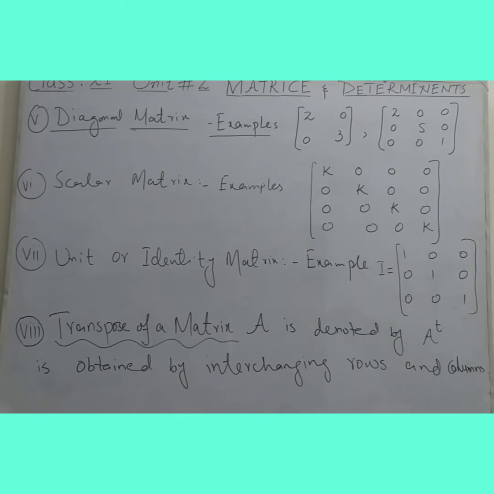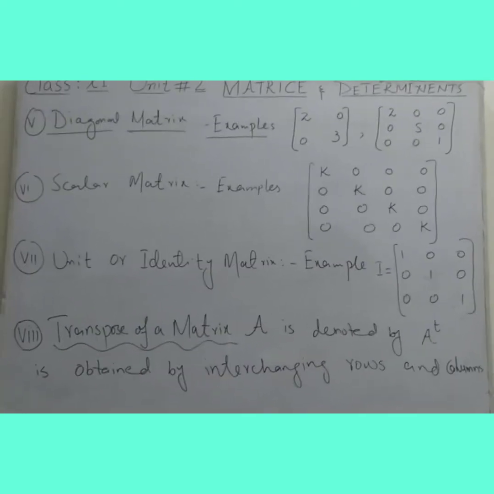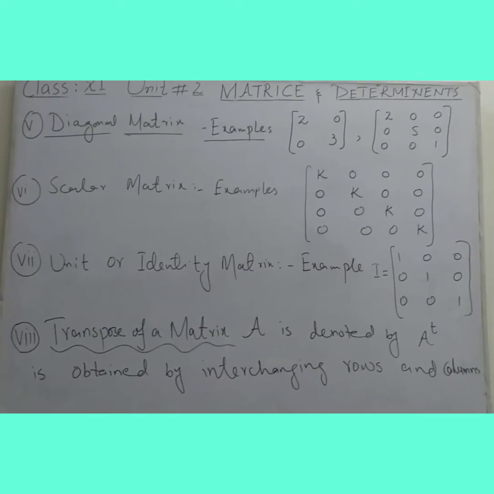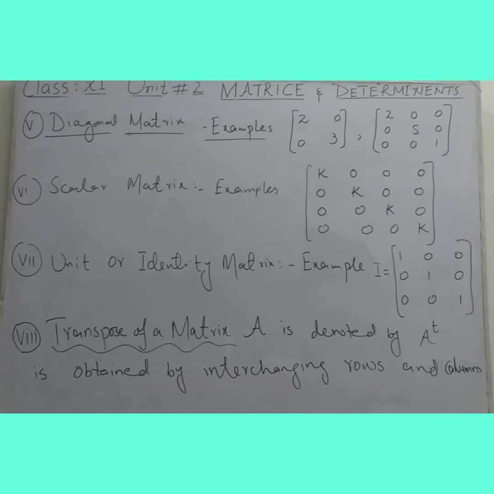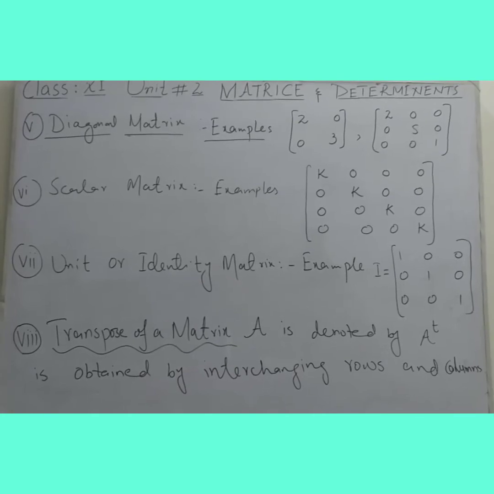A matrix in which all non-diagonal elements are 0 and the main diagonal has some non-zero elements.